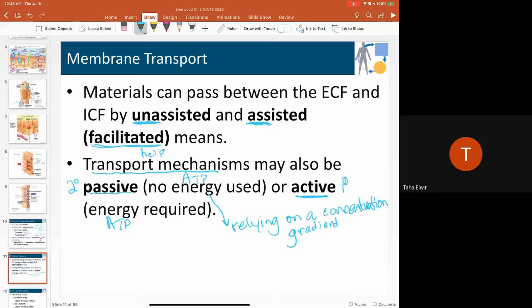Okay, so the sign for concentration is brackets. And then if we put GLU in the bracket, then we're talking about a glucose concentration gradient. If we put sodium in the bracket, we're talking about a sodium concentration gradient. Glucose might have its own transporter called a GLUT.